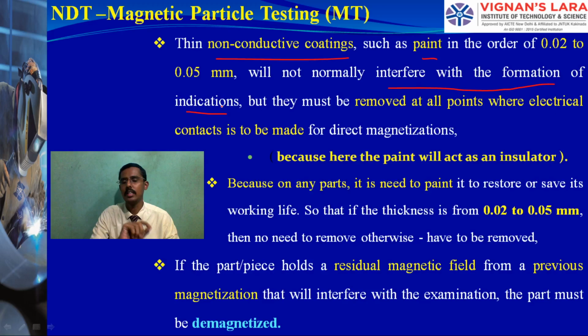That's the understanding. But the coating must be removed at all points where electrical contact is to be made for direct magnetization. You see, we have done a 0.05 mm coating over the specimen, and it is not interfering with the inspection, but it is not permitting the electrical contact.